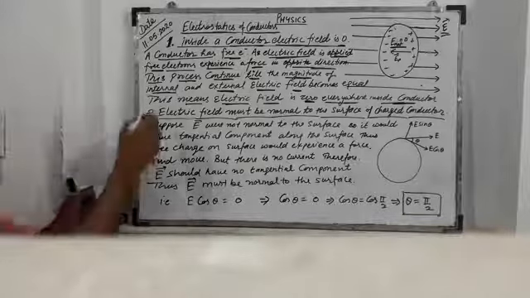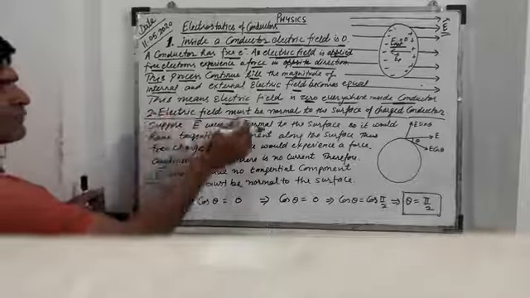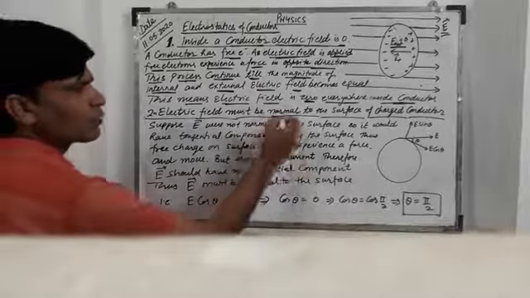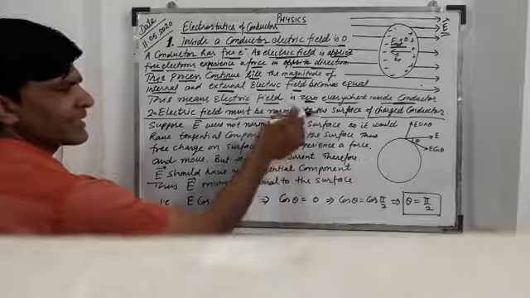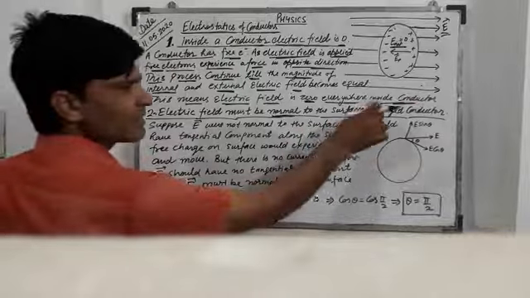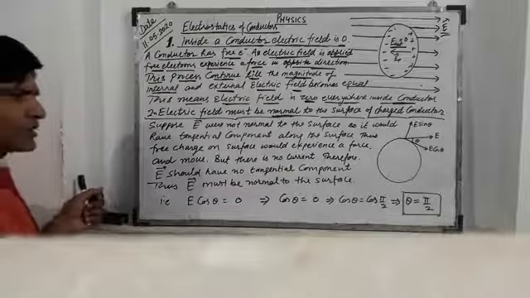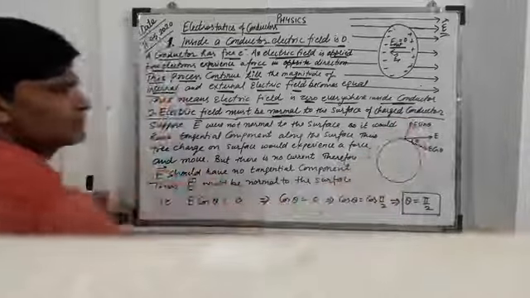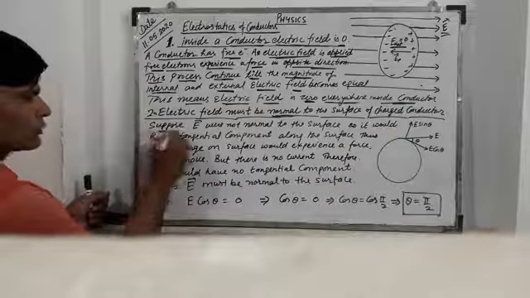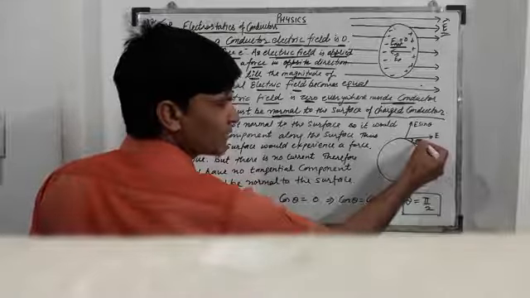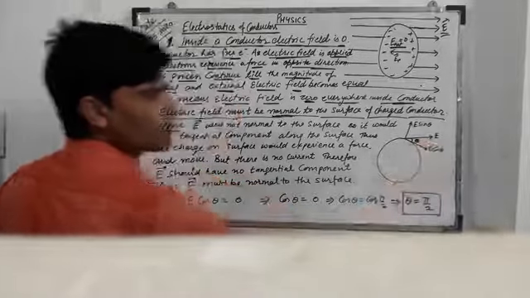The second point is electric field must be normal, means at right angle to the surface of a charged conductor. For this we have this diagram. Suppose E is at theta angle.